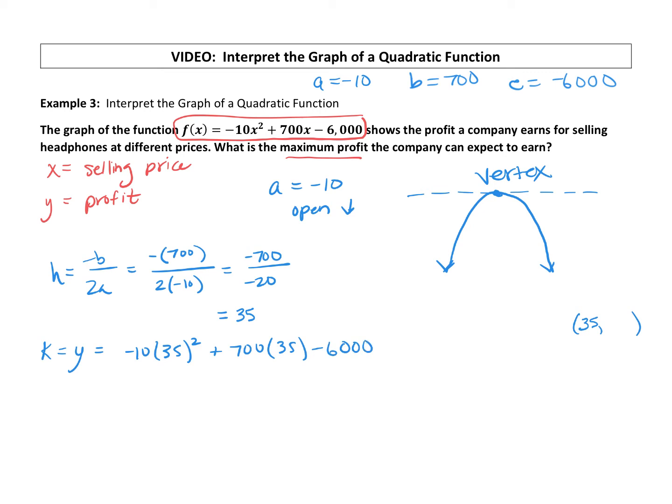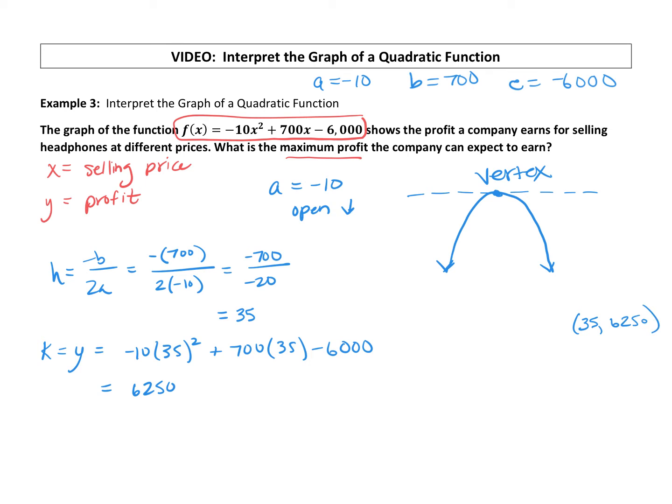We do all this math, and we end up with 6,250. So that is the k value, which is the y value of our vertex, 6,250.